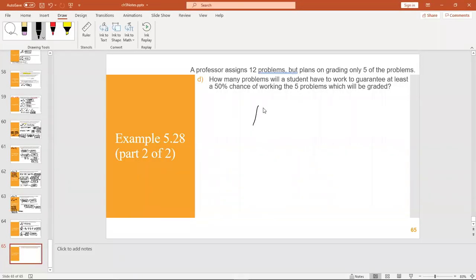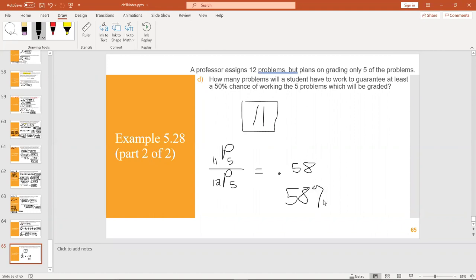So the answer to this one is going to be 11, and that's coming from the calculator. If you do 11 pick 5 and divide that by 12 pick 5, you will have a 0.58, which is 58%. So you have to do a minimum of 11 problems to get above 50%.